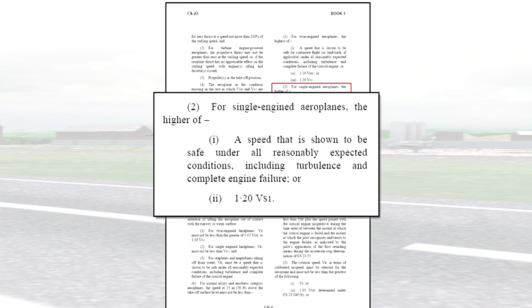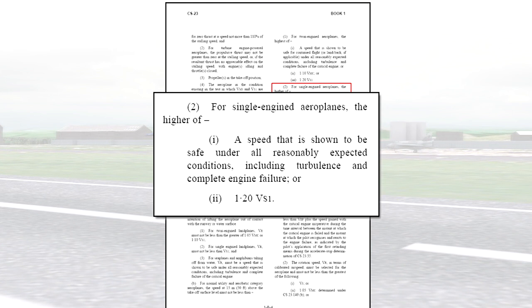The second of the certification specifications concerns the speed of the aeroplane at the screen height. The specifications state that the speed at 15 meters, or 50 feet above the takeoff surface, must be more than the higher of a speed that is safe under all reasonably expected conditions, or 1.2 VS1.